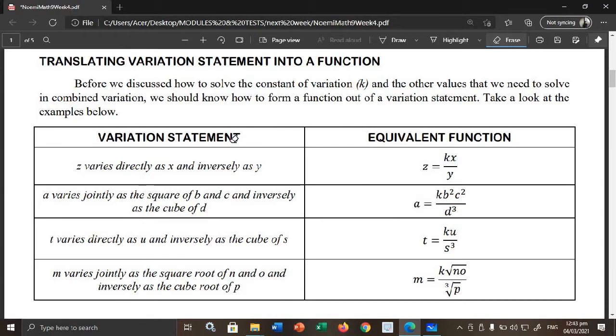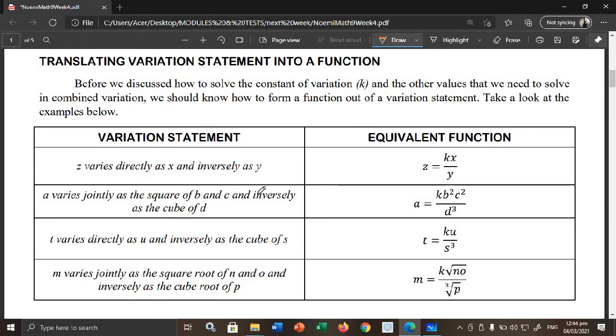That is how combined variation is formed. Before I teach you how to solve problems regarding combined variation, let us first translate these statements into their equivalent functions. First, we have z varies directly as x and inversely as y.